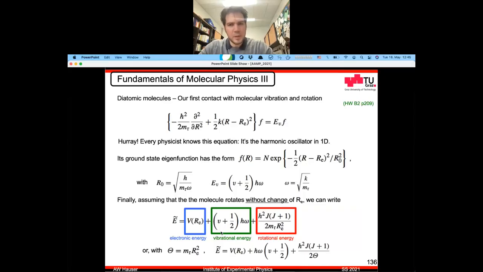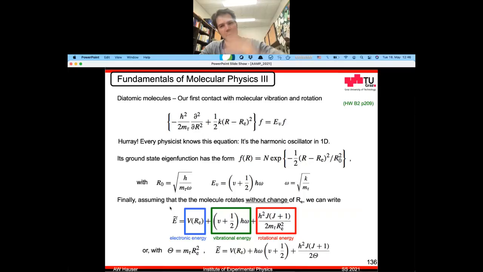So we get our total energy expression by taking all these contributions, and note the nice color coding, which should be consistent with previous slides. So we said electronic energy is our energy due to differences in the potential energy surfaces when I'm plotting the ground state, the excited state. So in the diatomic molecule, these were these curves that we plotted.